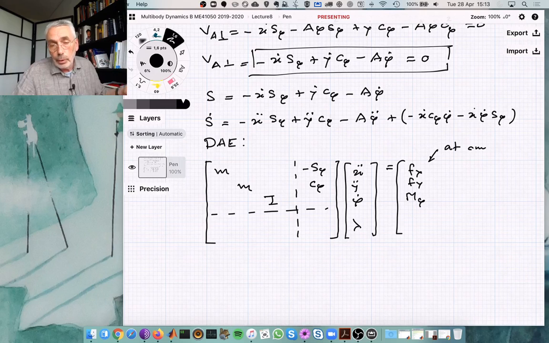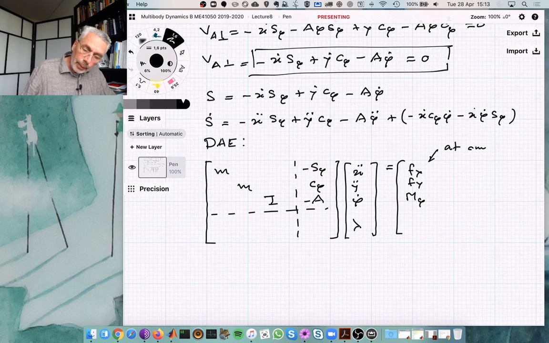If you take again the mixed derivatives, you will see it doesn't work out. So it is really non-holonomic. So with phi double dot, that's a minus a here. Of course we have all zeros here. And then we just write the constraint equation here: minus sine phi, cosine phi and a minus a here. And then on the right hand side this with a minus sign.